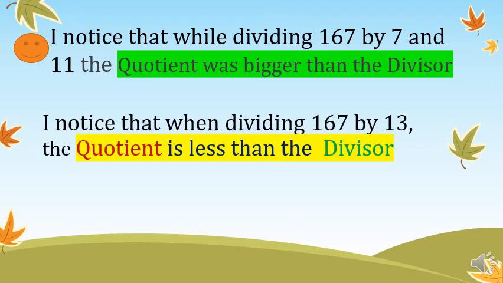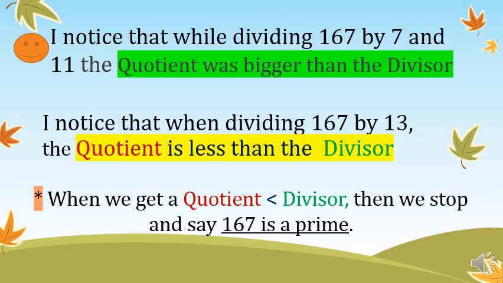While when I divide it by 13, the quotient is less than the divisor. So I stop here. When the quotient is less than the divisor, I stop dividing, and we say 167 is a prime number.